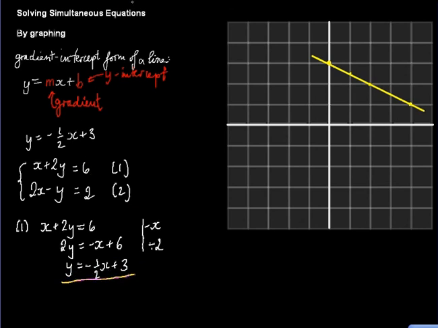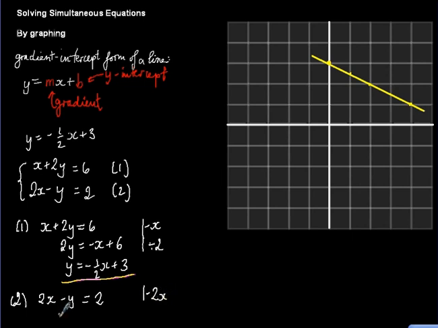Now let's do equation 2. We'll need to rearrange that one. So 2x minus y equals 2. I'm going to subtract 2x on both sides.